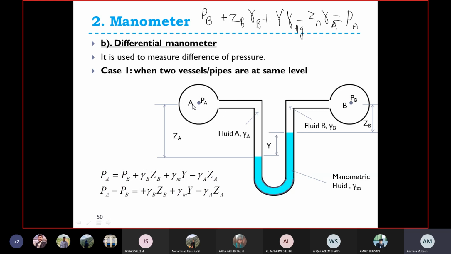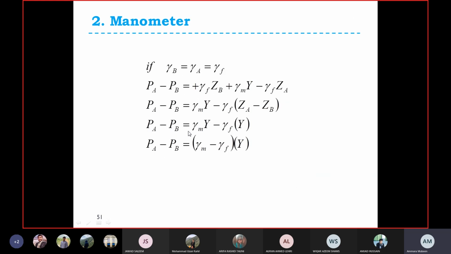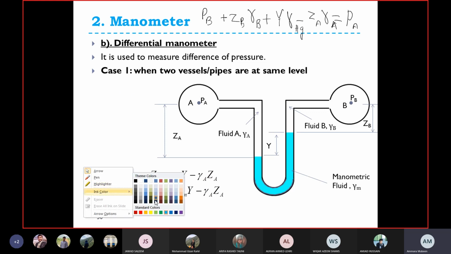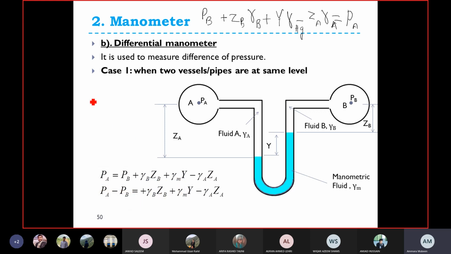So you can start the equation from any of the tubes. If we start here, then this would be the manometric equation. So let's start the equation using the same principles. PA, and then this step ZA, and we are going downward in the tube.